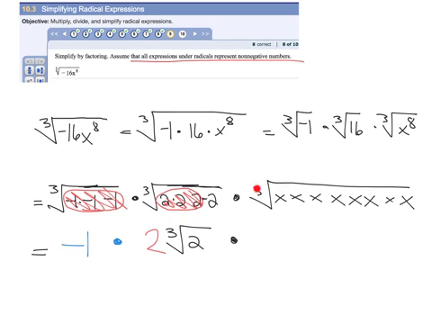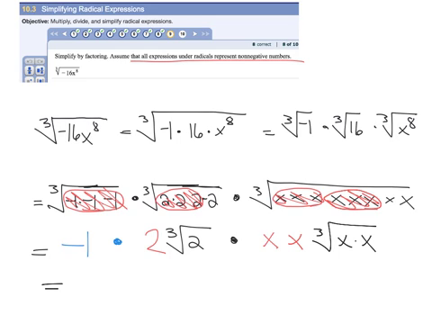All right, so this is saying third root, so we're going to circle 3 x's, cross it out, write 1 down. And then we're going to circle 3 x's, cross it out, write 1 down. And we're left with the third root of x times x. So simplifying this, we've got -1.